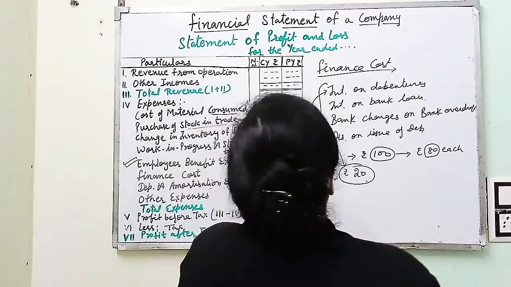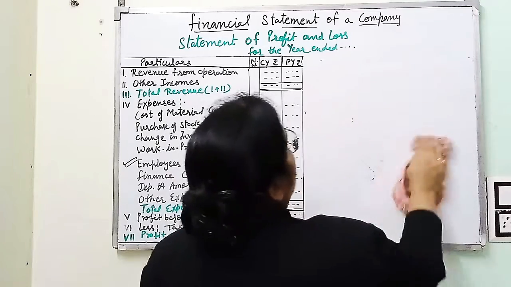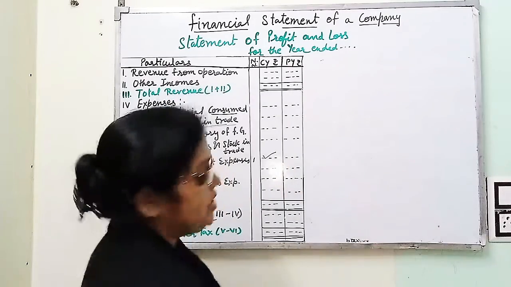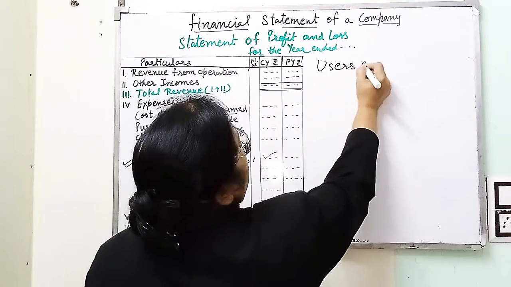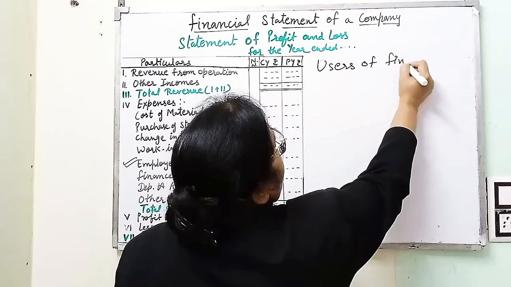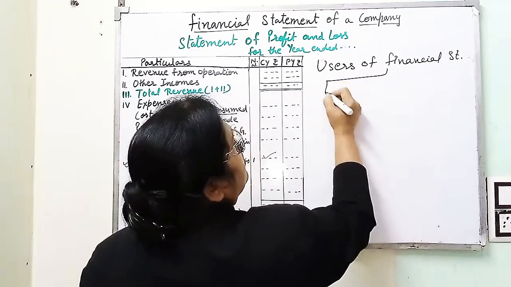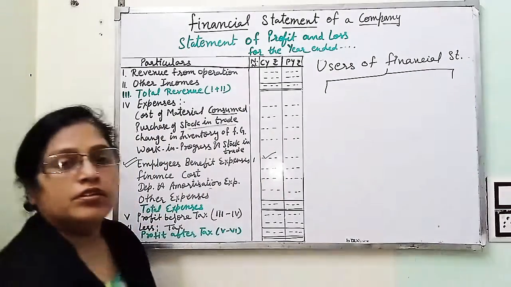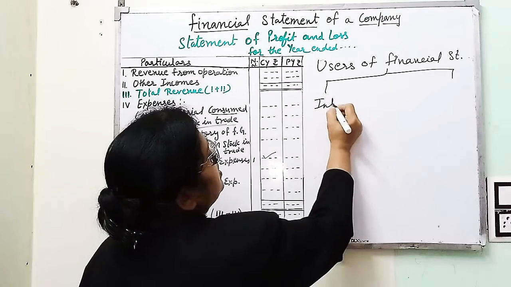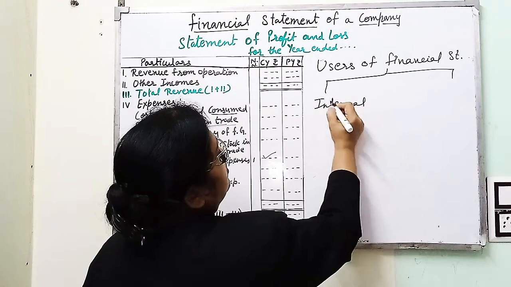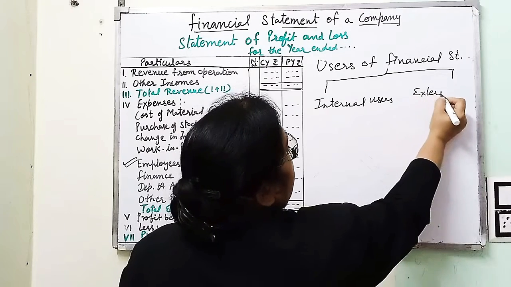Next point is users of financial statement. There are two types of users: internal users and external users.